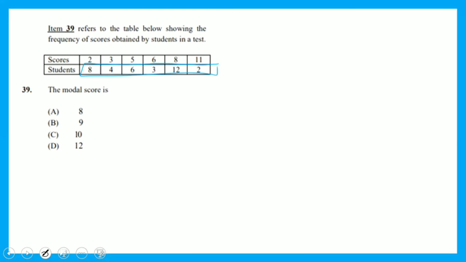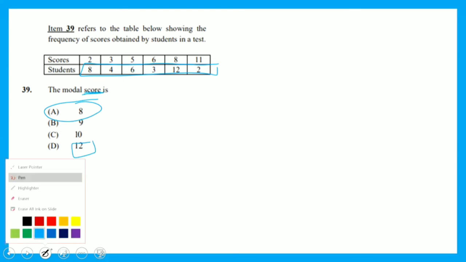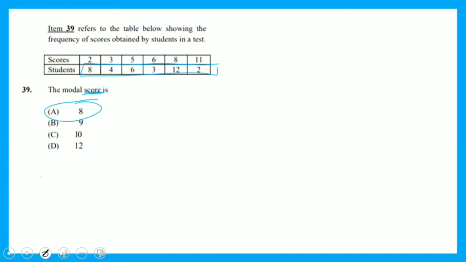And so the modal score is going to be 8. It is also tempting to write 12. Why shouldn't you write 12? The question asks for a score. So you have to state what the score is. The score is definitely 8. All right. So 12 is the number of times that 8 occurs. So 8 is the modal score.